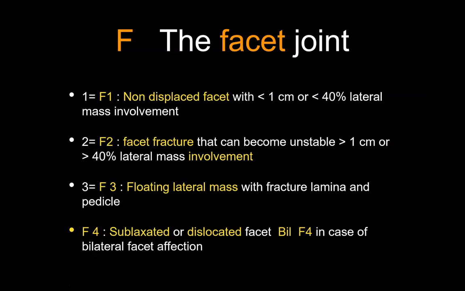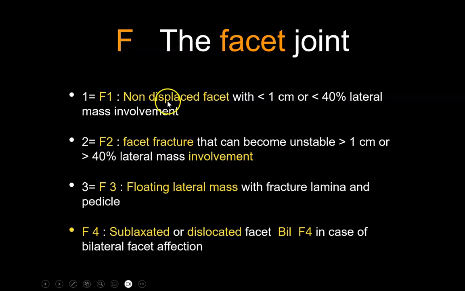Or complete injury of the lateral cervical mass, superior and inferior articular facets together, we call the floating lateral mass, with fracture of the lamina and pedicle, because the inferior articular facet is a continuation of the lamina, and the superior articular facet is rising from the pedicle. So this is F3, and F4 is when it reaches the degree of subluxation or dislocation.